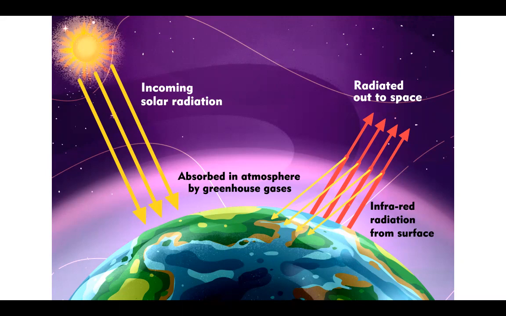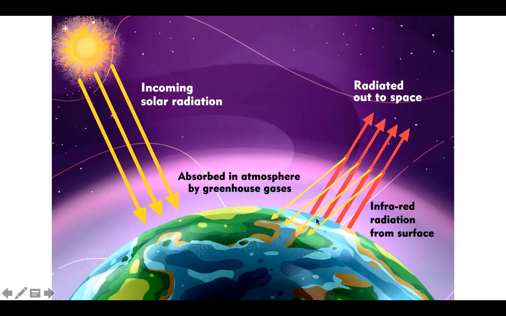As those rays of sun pass through, the molecules in the atmosphere, the oxygen and the nitrogen and the argon, carbon dioxide, etc., absorb a lot of the heat, or a lot of the energy, from that infrared light. So there's a lot of absorption of that heat as the light comes through our atmosphere.